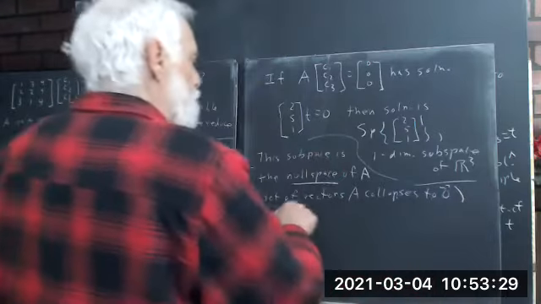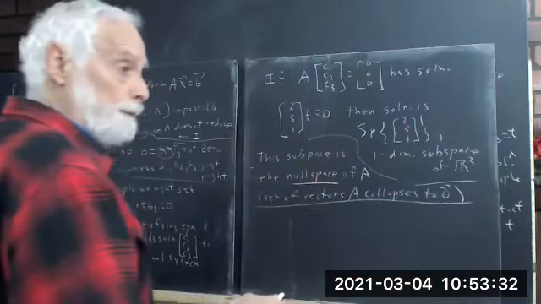That's a set of vectors that A collapses to zero.